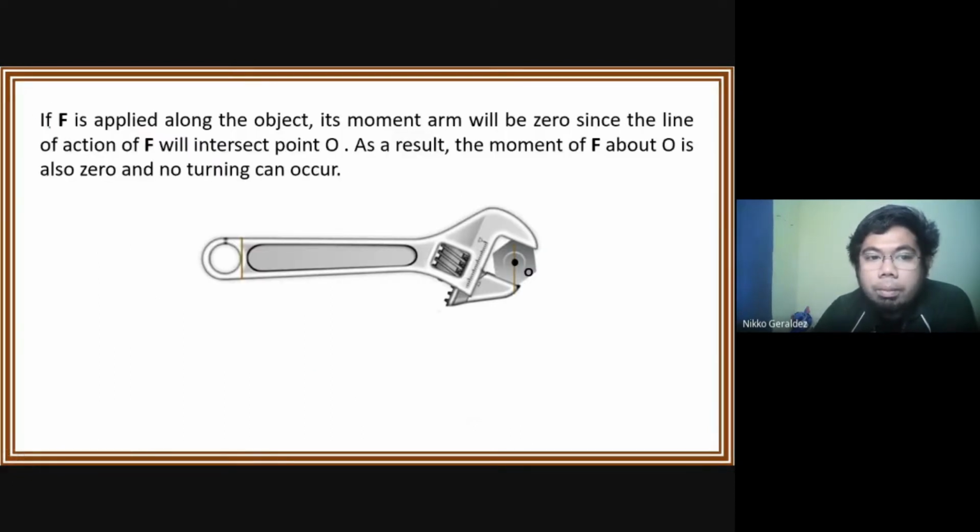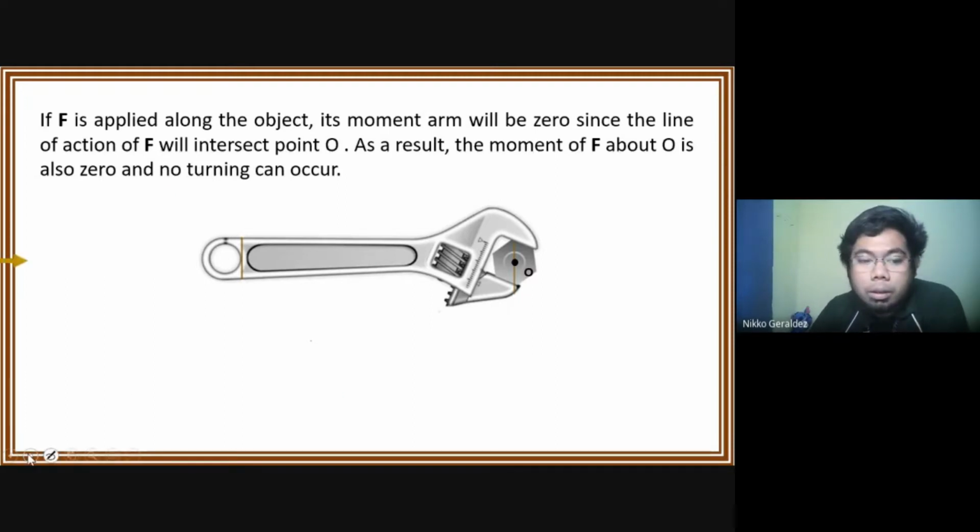Then, if F is applied along the object, its moment arm will be 0 since the line of action of F will intersect the point O. As a result, the moment of F about O is also 0 and no turning can occur.